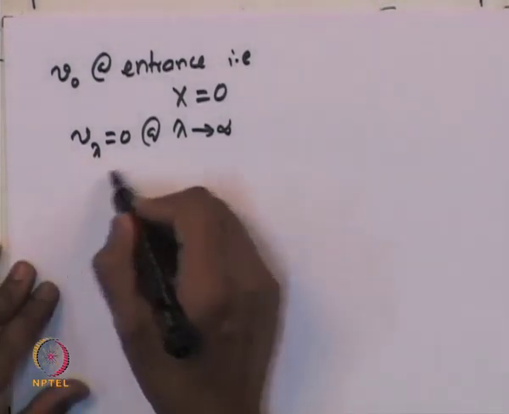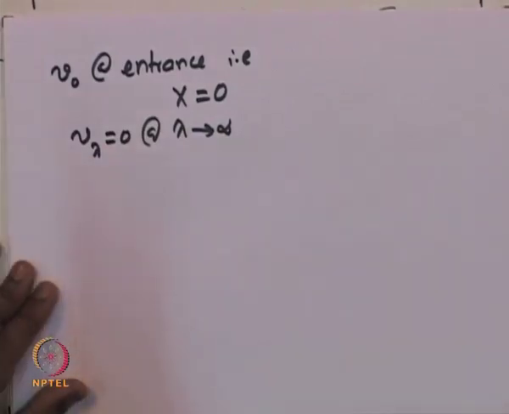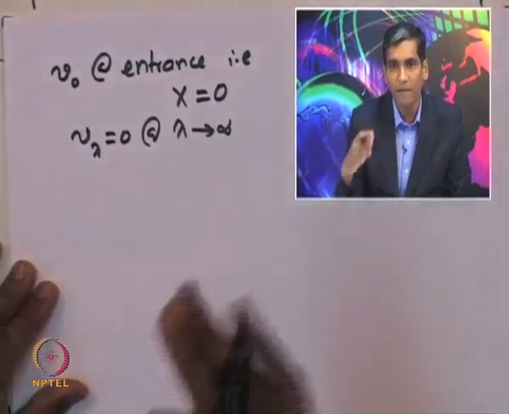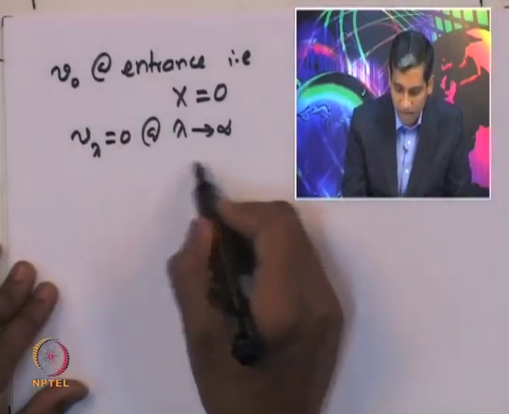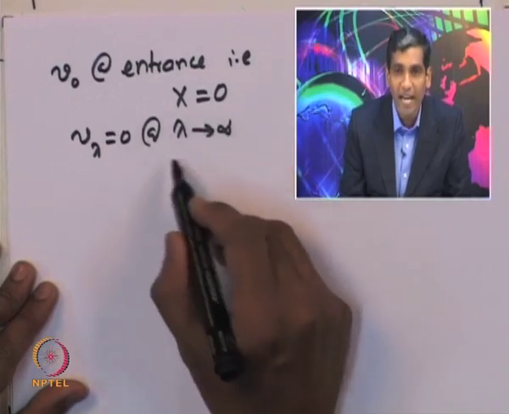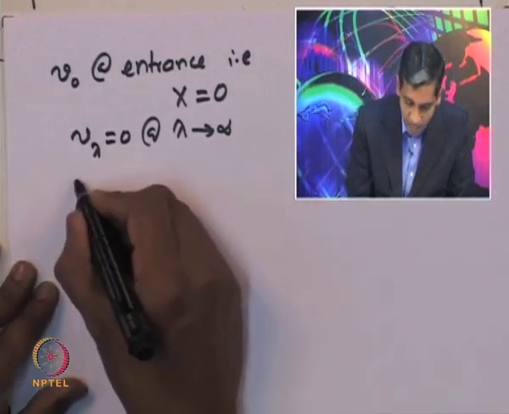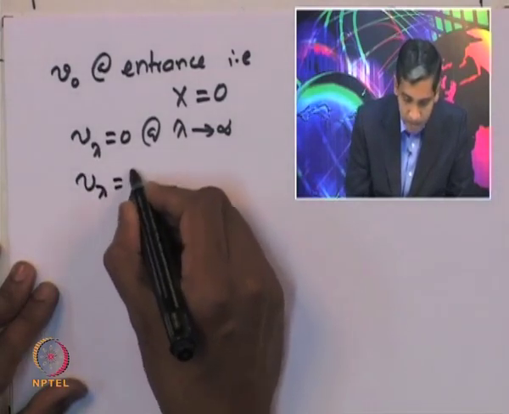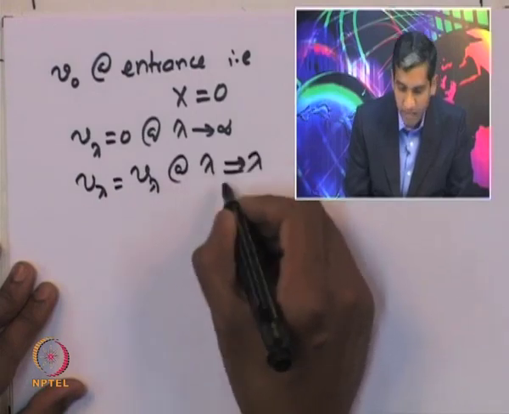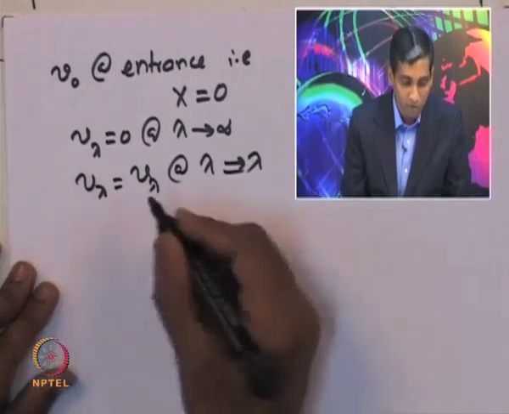Remember that it is a feed that is coming at different locations on the side. So, the volumetric flow rate of the fluid whose age is almost equal to infinity is equal to 0, and V lambda is the volumetric flow rate at some age lambda.